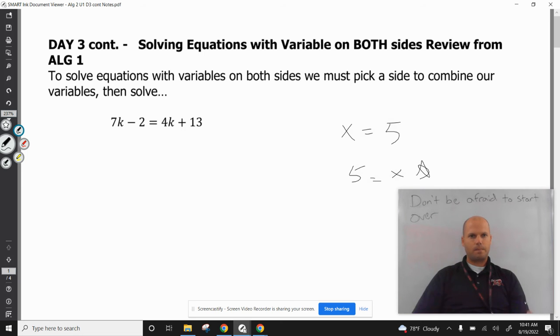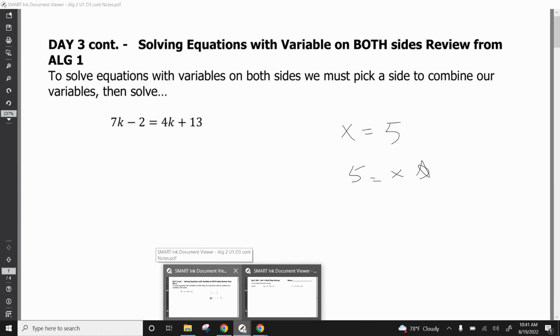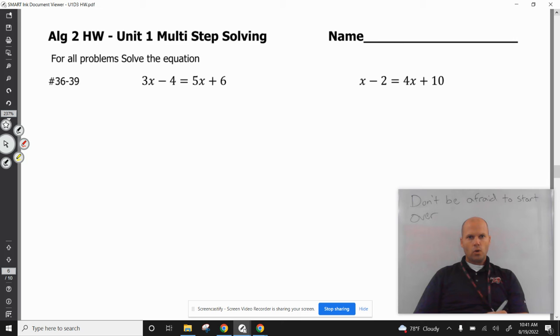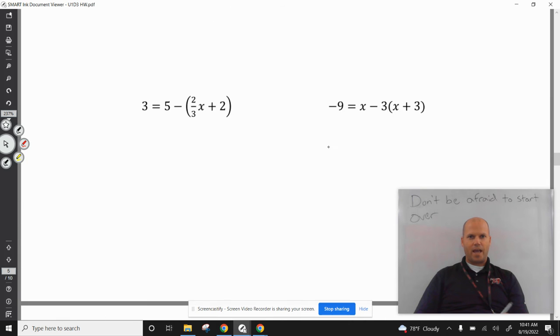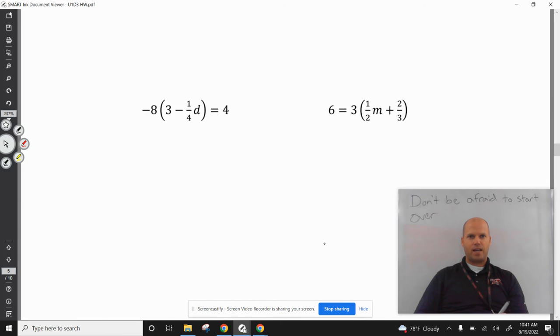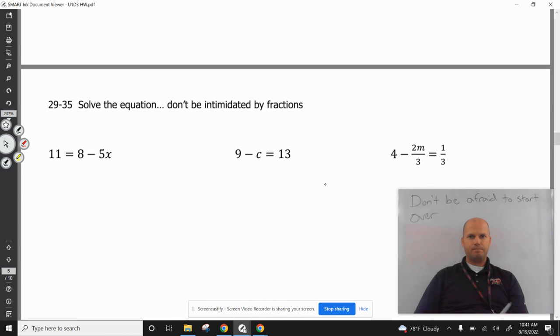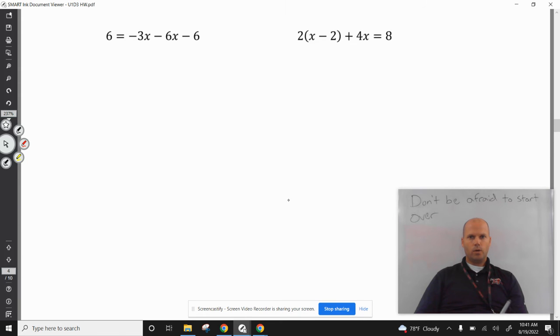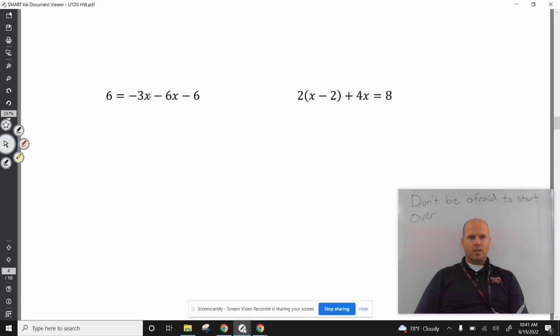Now, the difference between this set of questions that we're about to do and the questions that we finished off part 1 on, which were questions where we had variables on the same side, like negative 3x minus 6x on this side.